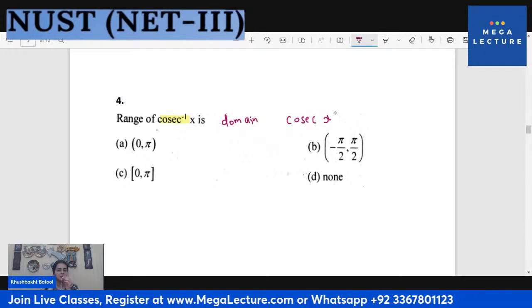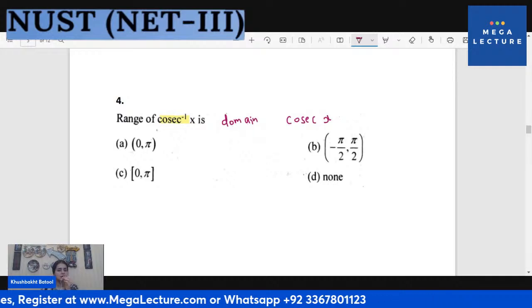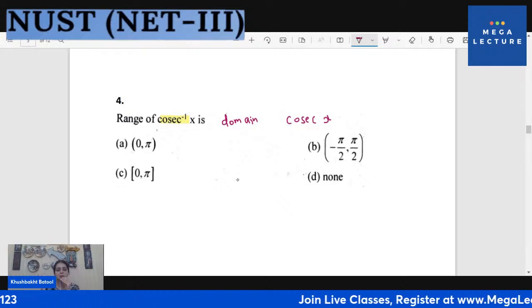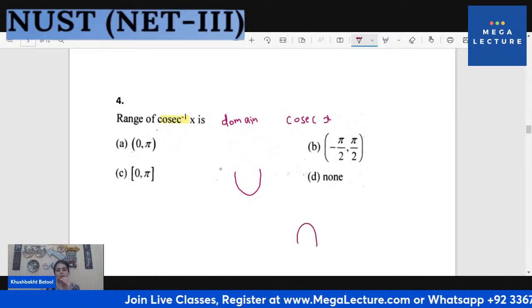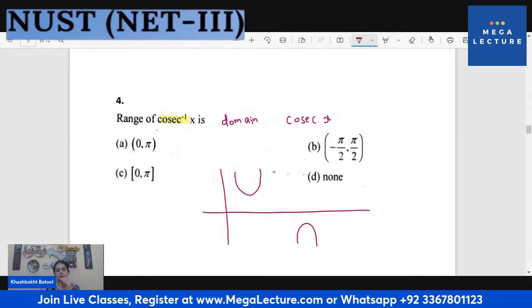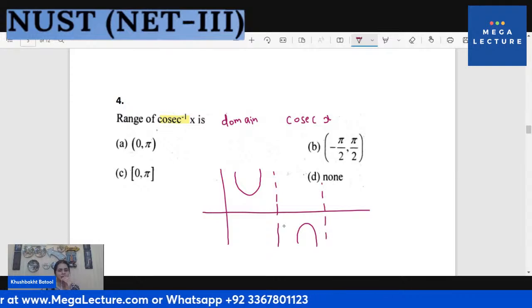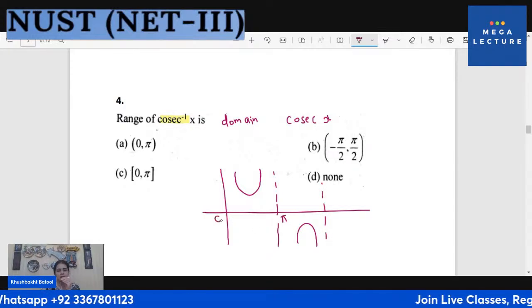And what is the domain of cosecant? For the domain of cosecant, you need to think about the graph of sine at least, and then we know that we had something of this type, right? And we had discontinuity.